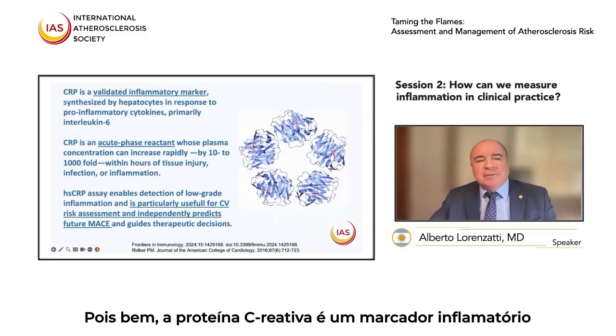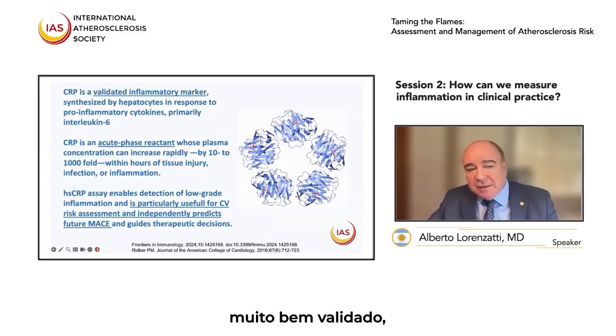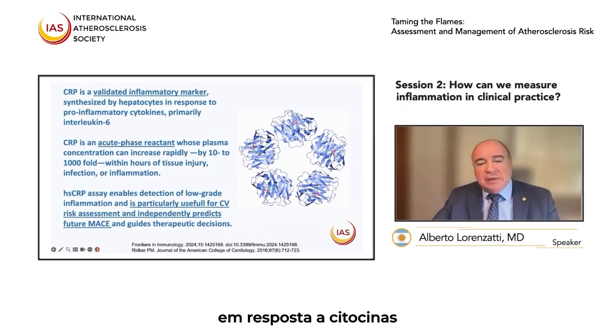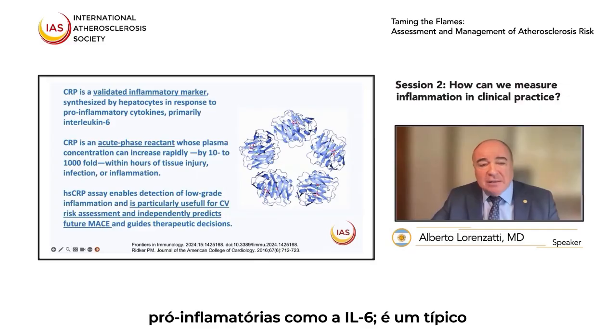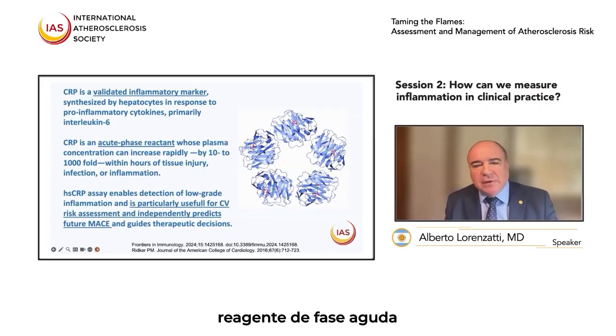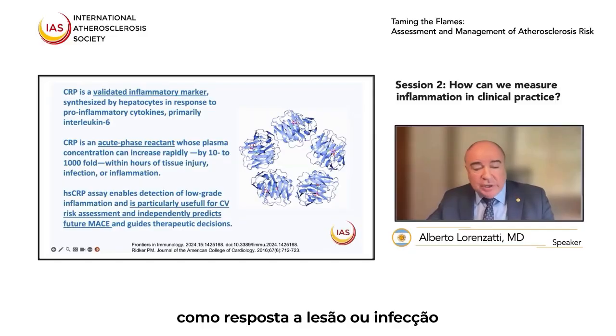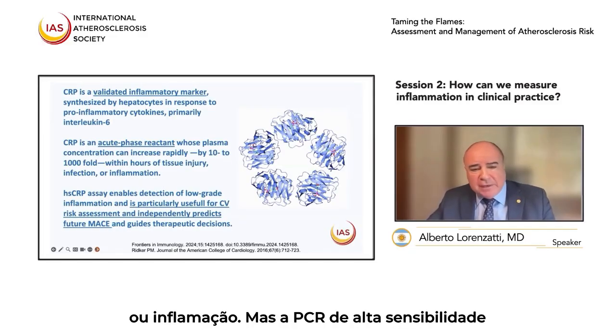So, C-reactive protein is a very well validated inflammatory marker, synthesized by hepatocytes in response to pro-inflammatory cytokines like IL-6. It is a typical acute phase reactant whose plasma concentration could rapidly increase from 10 to 1,000-fold within hours as a response to injury, infection or inflammation.